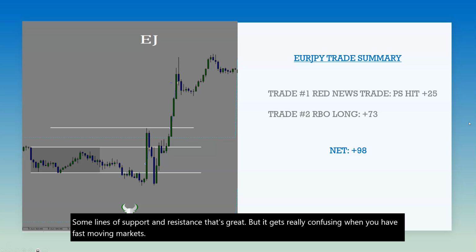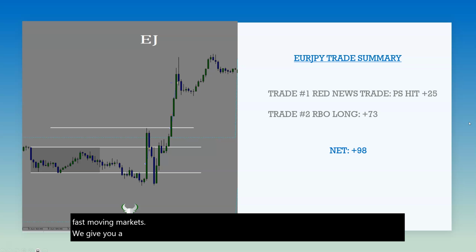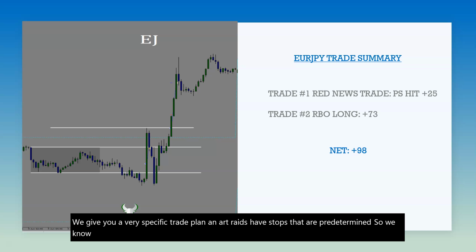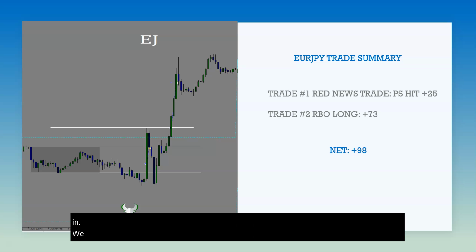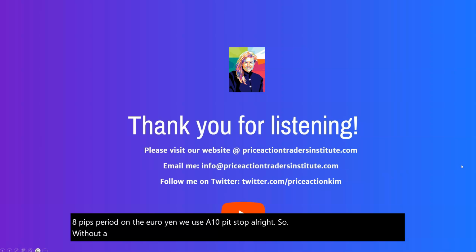We give you a very specific trade plan, and our trades have stops that are predetermined. So we know that if we trade the euro, we use an 8 pip stop. It doesn't matter where that stop comes in. We just use 8 pips, period. On the euro yen, we use a 10 pip stop. So without a plan, you're just kind of shooting in the wind.